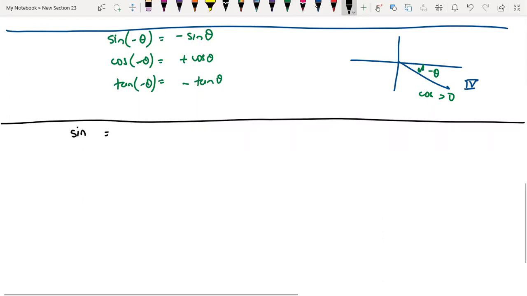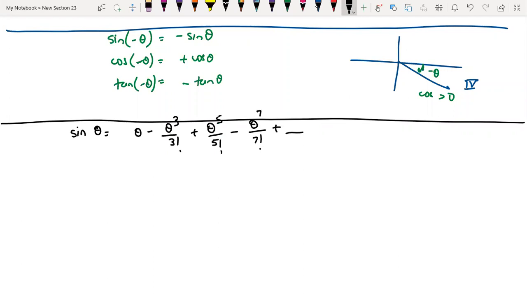No, fine, leave it. The value of sin theta is theta minus theta cube by factorial 3 plus theta 5 by factorial 5 minus theta 7 by factorial 7 and so on.